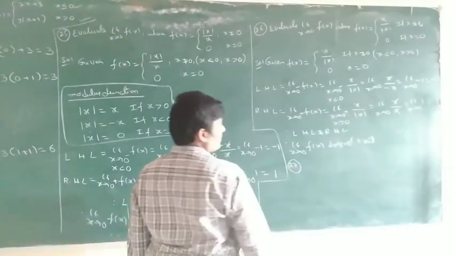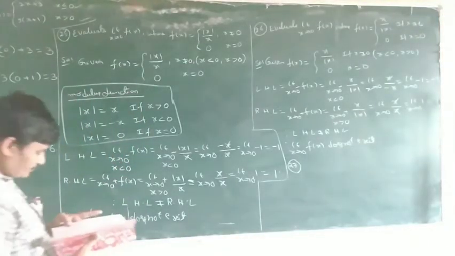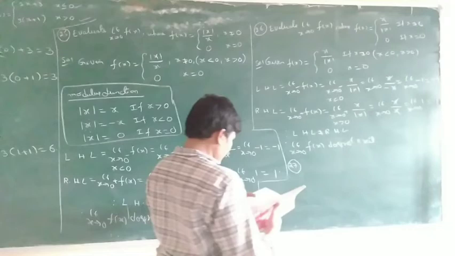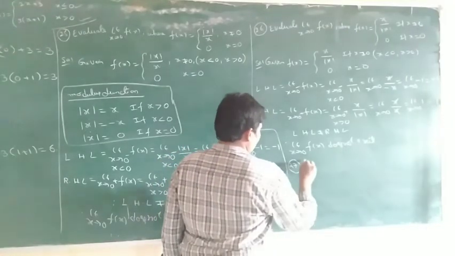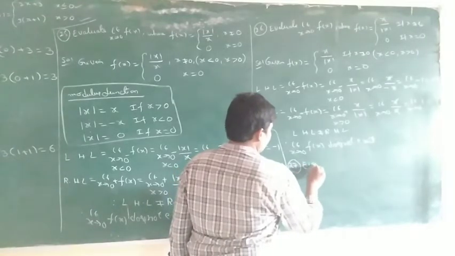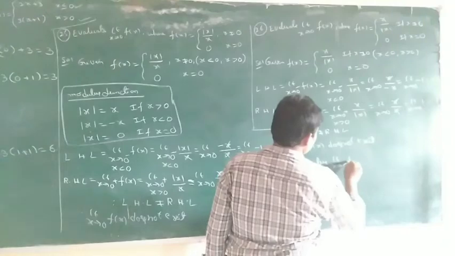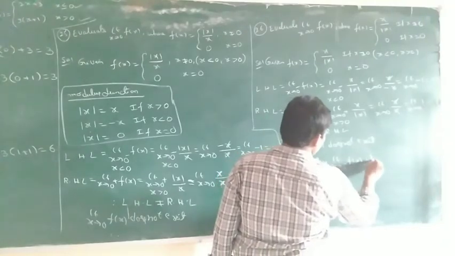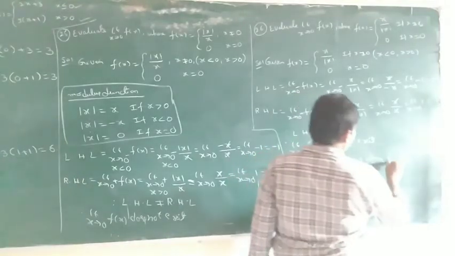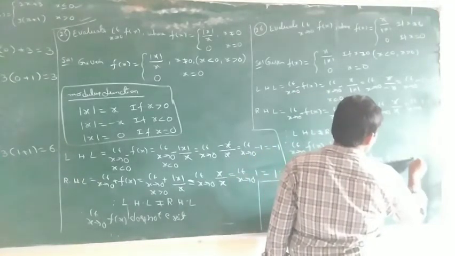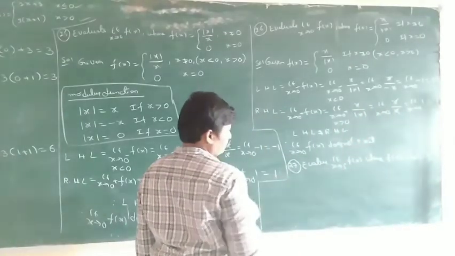So the last problem, the 27th problem. What is the 27th problem? Evaluate limit x tends to 5 f of x, where f of x is equal to mod x minus 5.